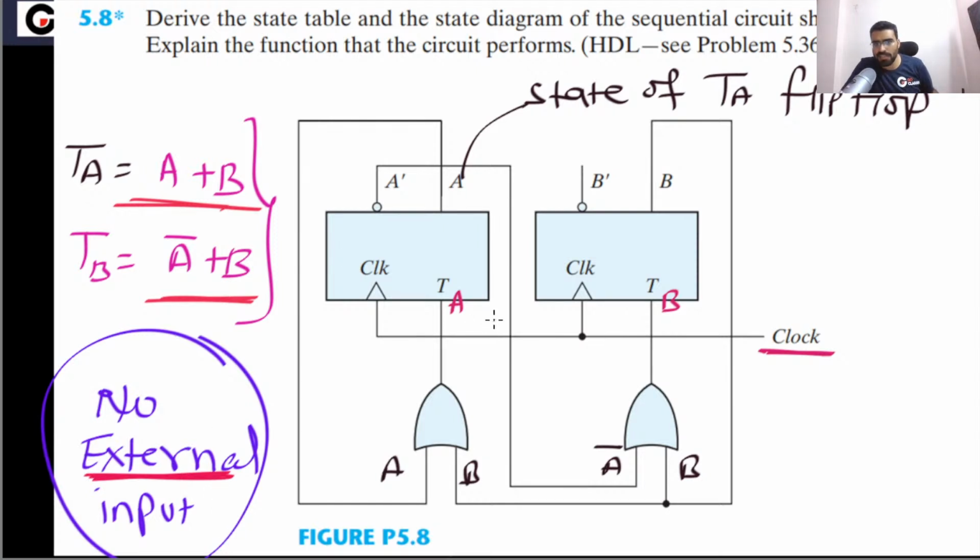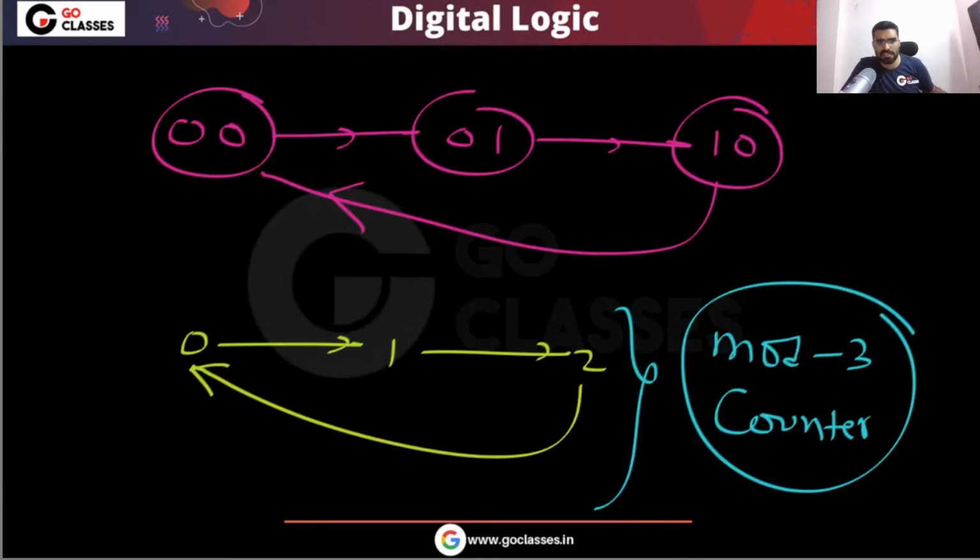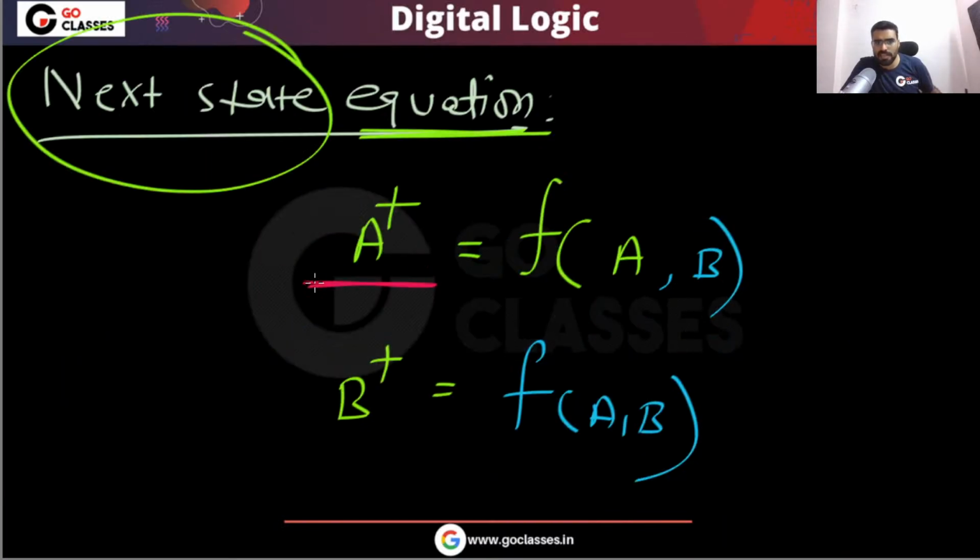In this circuit you can notice the state of the flip-flop. Please understand, this is not an external input, this is the state of TB flip-flop. So that is the reason I can say that this next state will depend on the present state.